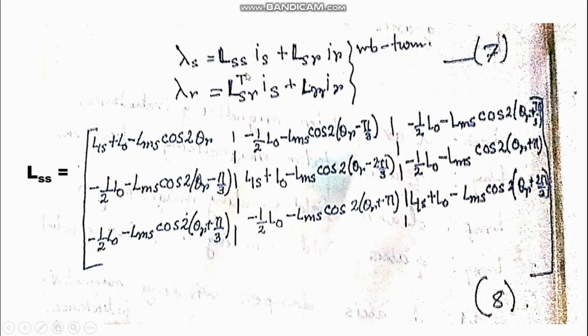Now we will also investigate the elements of LSR and LRR.